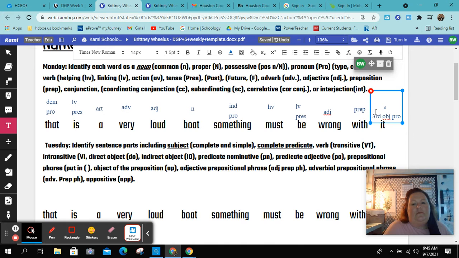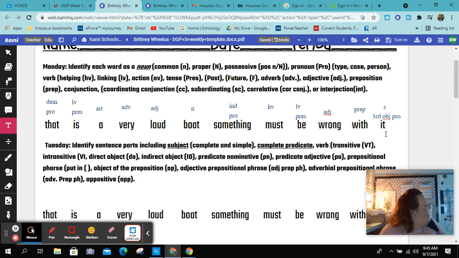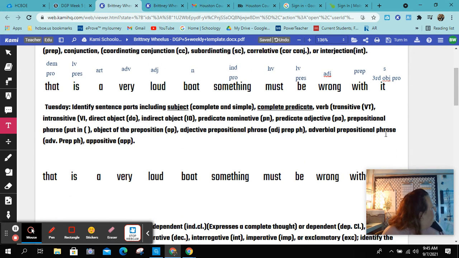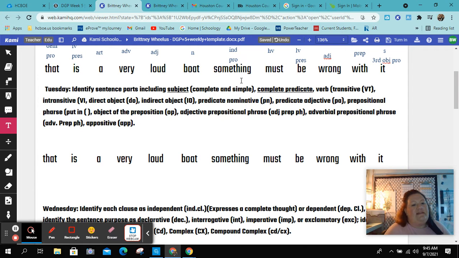All right, Tuesday. All right, on Tuesday, we identify. If you need to know what the directions are, they are listed above each day, okay?